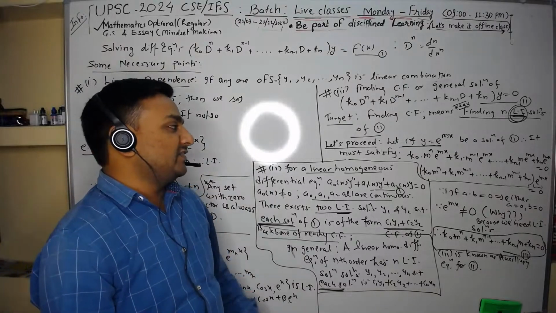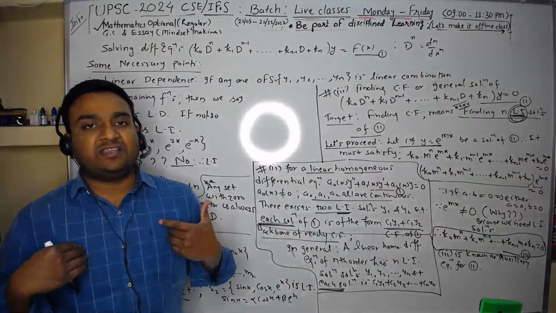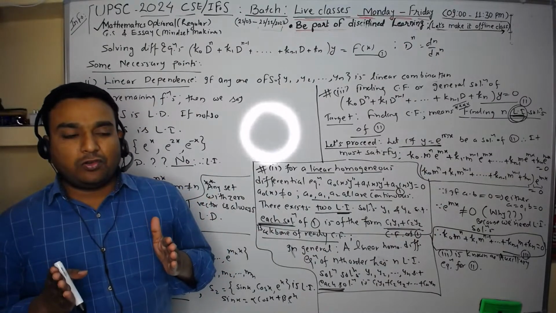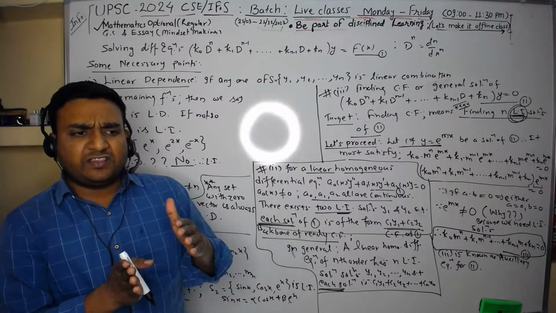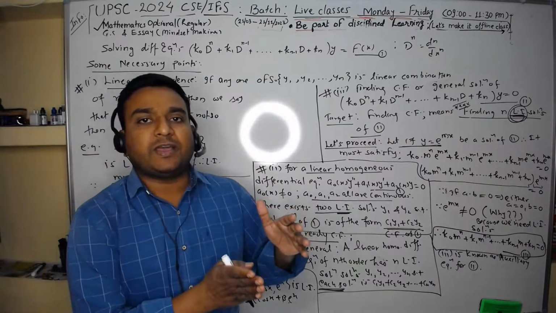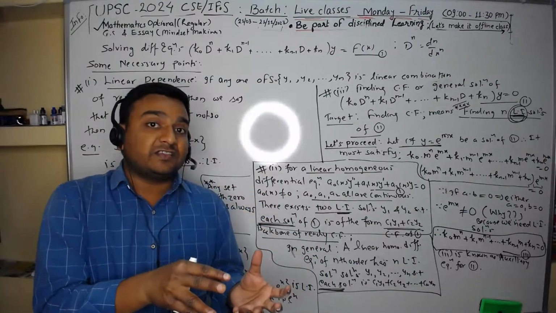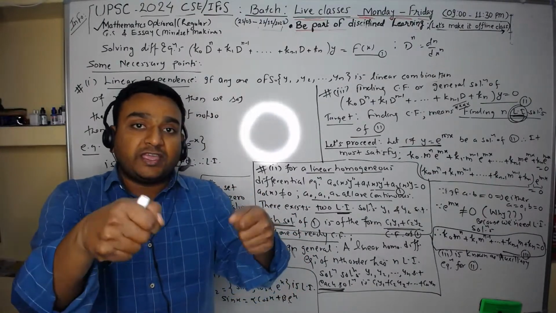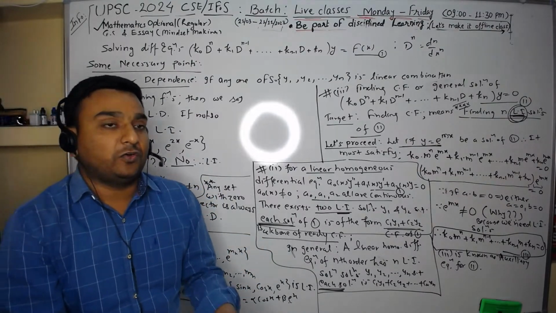Why I am focusing on such definitions? Because if you ask me as a teacher, I always try to catch the pattern. And UPSC is shifting its pattern in mathematics optional. They are asking bit easier things, but you are not in the habit of doing, so you found those difficult, but it is not so.